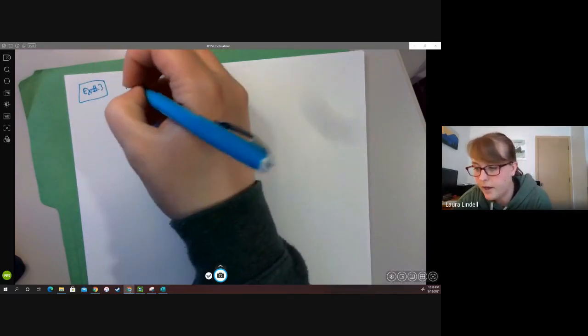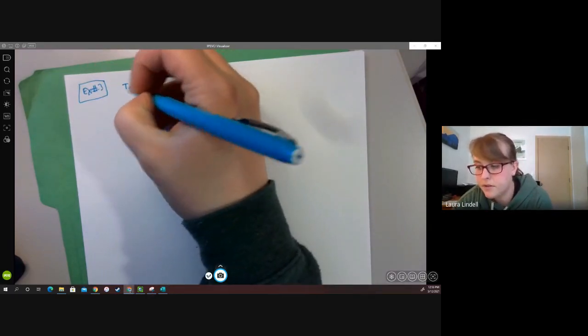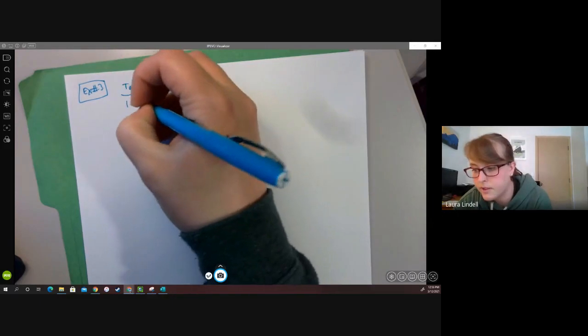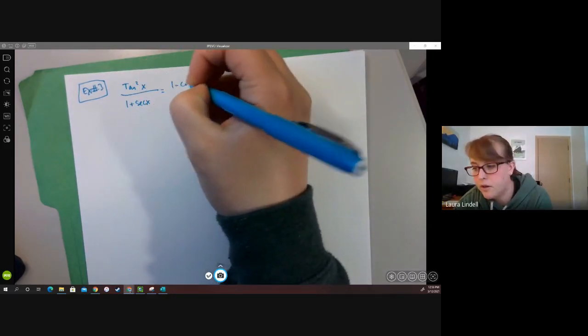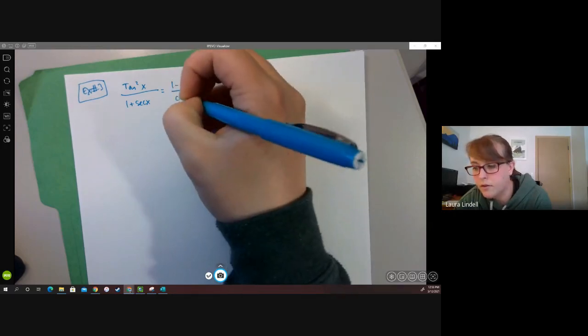This time we've got tangent squared over 1 plus secant and 1 minus cosine over cosine.